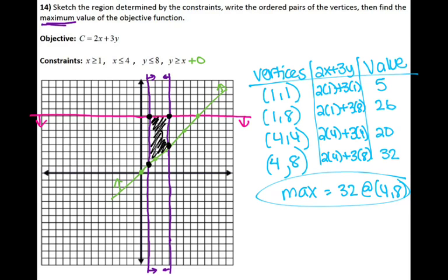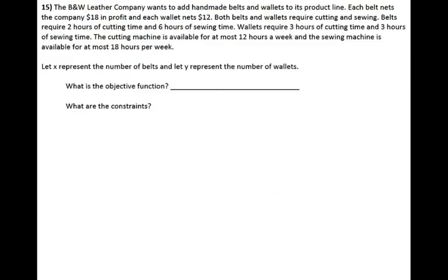Alright, last problem. So for this one, this is the linear programming word problems, and for the word problems, I'm just going to have you write out the objective function and the constraints. So the B&W Leather Company wants to add handmade belts and wallets to its product line. Each belt nets the company $18 in profit, and each wallet nets $12.